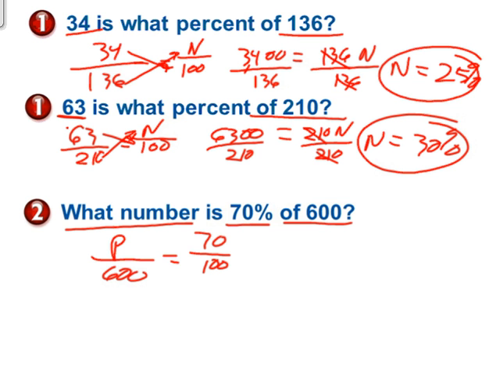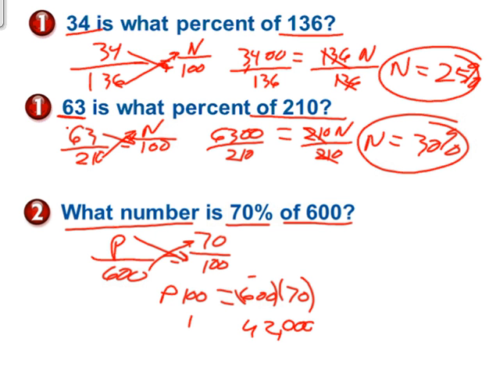Again, I'm going to cross multiply to solve these. And I've got p times 100 is equal to 600 times 70. 600 times 70, according to my calculator, is 42,000.